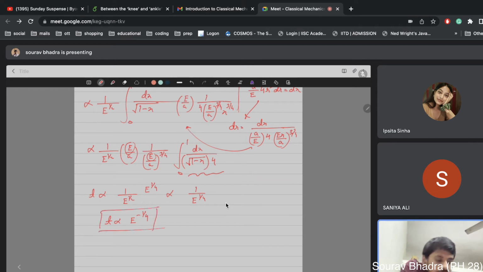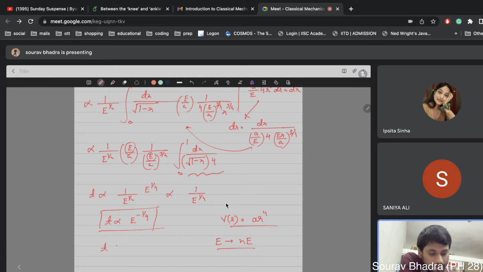So you can see that for this particular potential, when V(r) was given as A r to the power 4, your time period of the system is scaling as E to the power minus 1/4. Now suppose instead of E you have a particle which has energy of nE. So if instead of E your energy is n times E, then how will it affect the time period of the system?